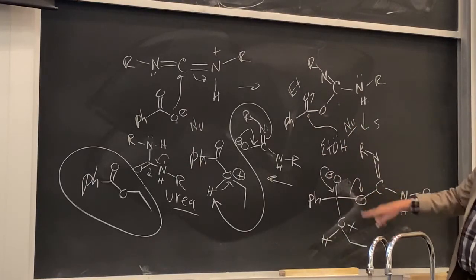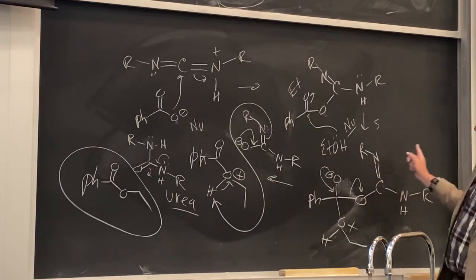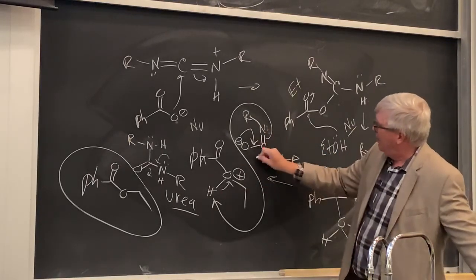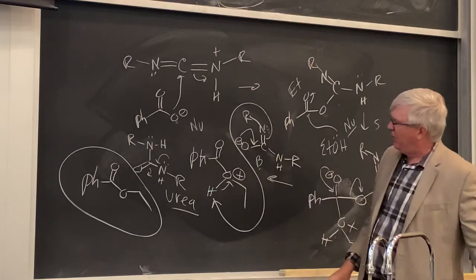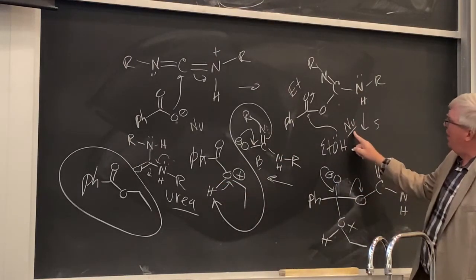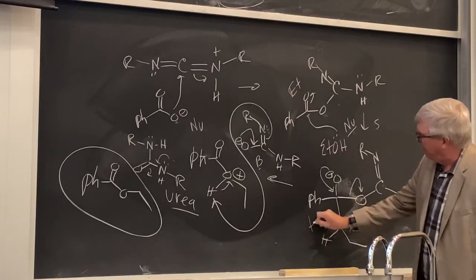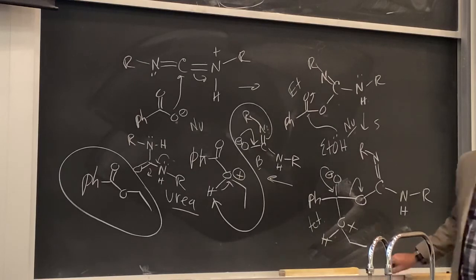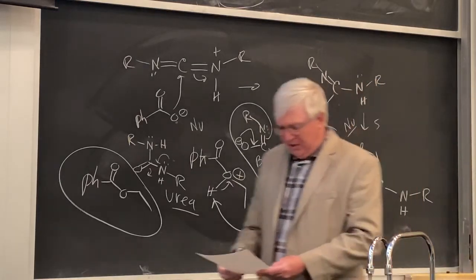Tetrahedral intermediate, just like before, we gotta have that come off. And that functions as the base. That will take that proton off. So that becomes the base. And there's our byproduct there. So yeah, we can identify things, the nucleophile, the electrophile, the tetrahedral intermediate, and hopefully it looks similar to the other mechanisms we've covered. So I think we're good there on time.